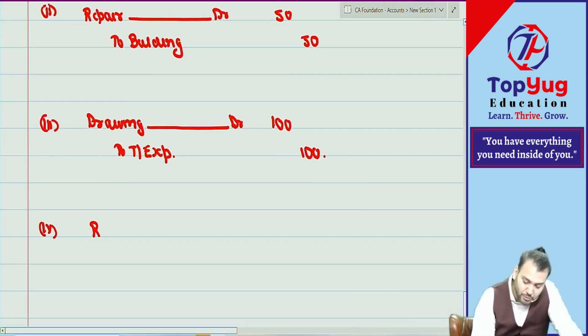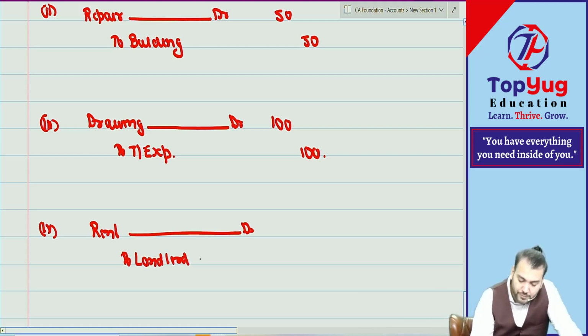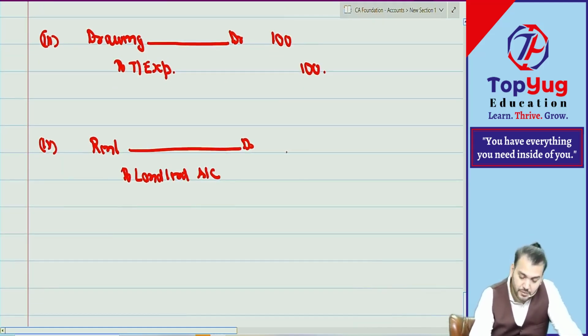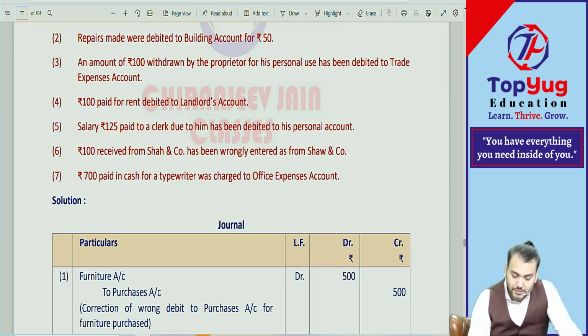Rent account debit to what? Landlord account. So how much? 100. Have you understood? Correct.